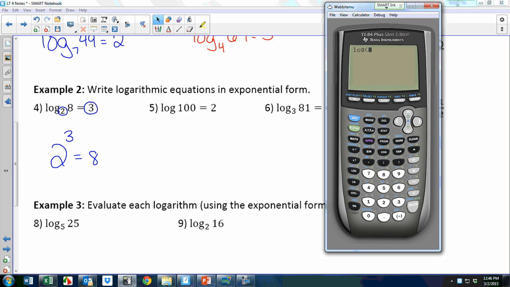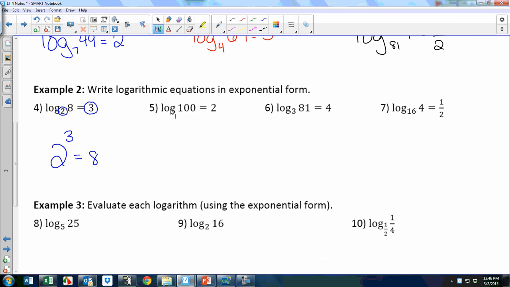So anyways, the calculator works in base 10. So when you hit log of 100, it's base 10. So in exponential form, when there's not a number written in the base, it's implied to be 10. It's called, again, common log, common logarithm, base 10. So in exponential form, it would be 10 squared equals 100.